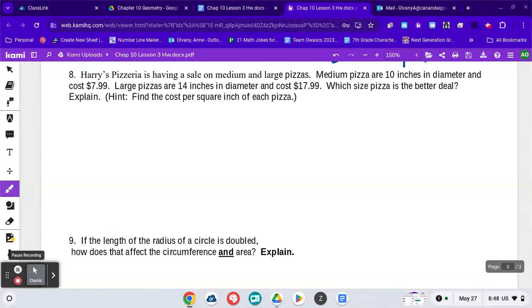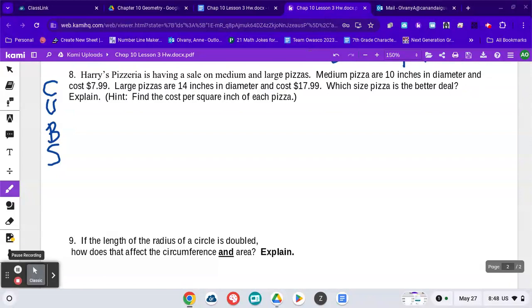Okay, so this question is difficult because it has, number one, a lot of words, and it's going to ask us to do something from our past. So let's use CUBES and think about circling our important numbers, underlining our question, and boxing in any keywords that we see. Harry's Pizzeria is having a sale on medium and large pizzas.